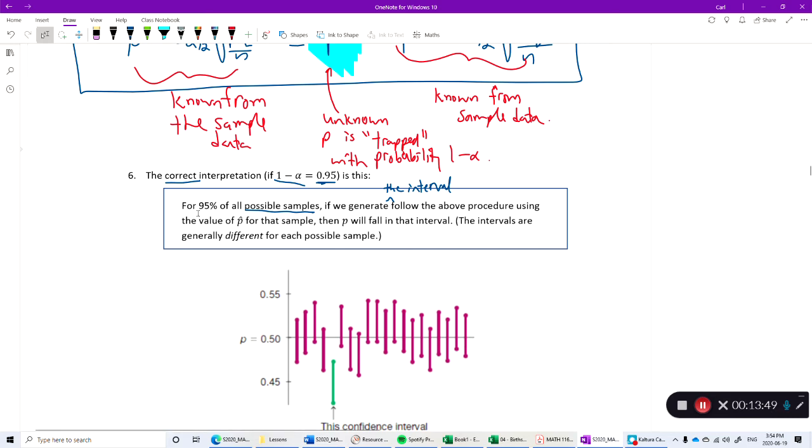So for 95% of all samples, the p will fall into that interval.